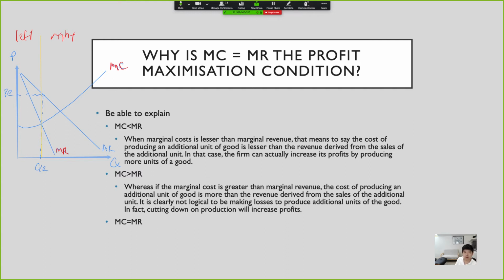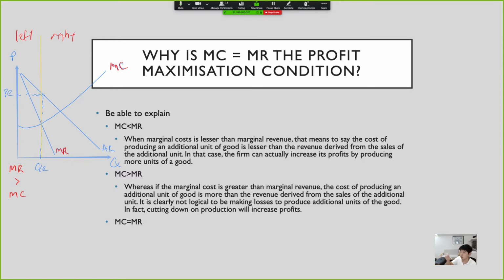On the left hand side of the diagram, can you all see that your marginal revenue curve is greater than your marginal cost curve? That means numerically speaking, your marginal revenue curve is on top of your marginal cost curve. Can you see that?